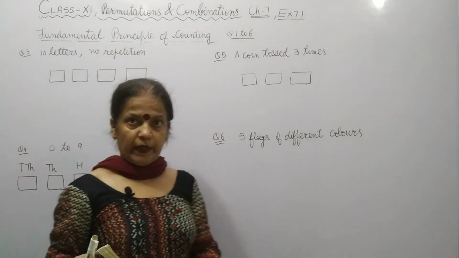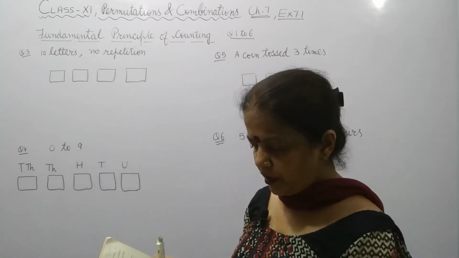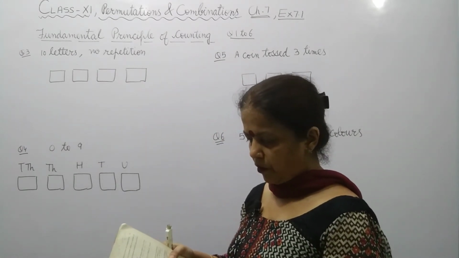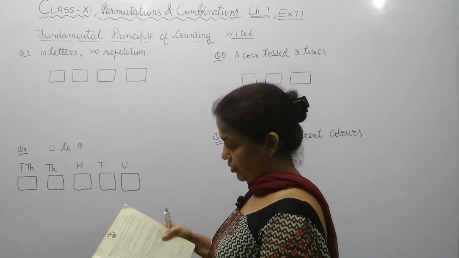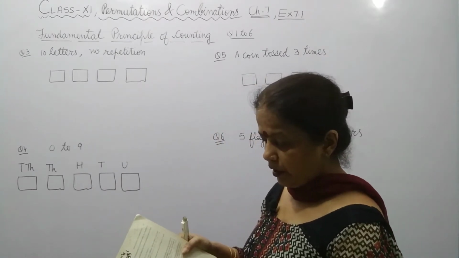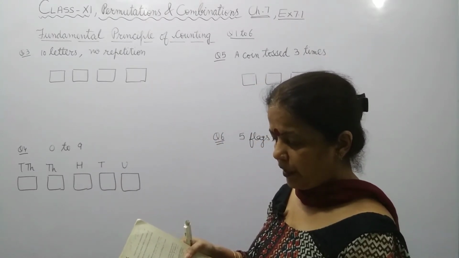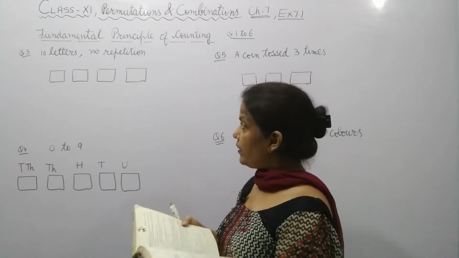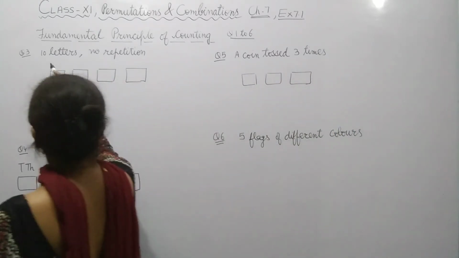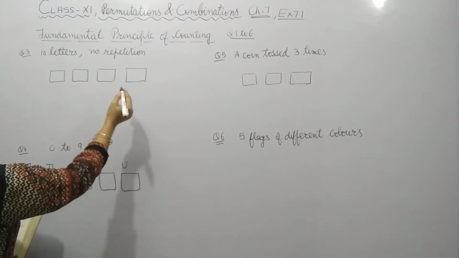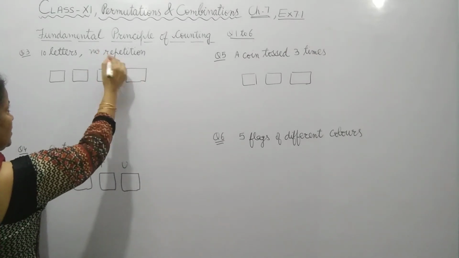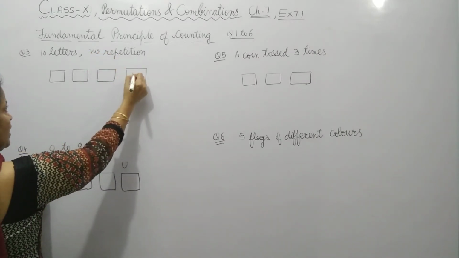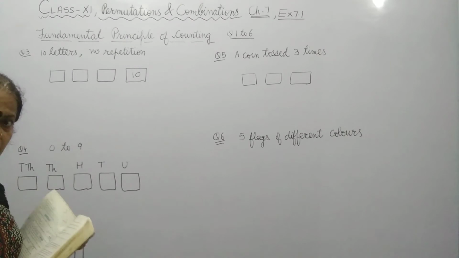Now question 3. In question 3, how many 4-letter code can be formed by using 10 letters of English alphabet if no letter can be repeated? 4-letter word we have to make with 10 letters. So out of 10 letters, since repetition is not allowed, we can take any one.